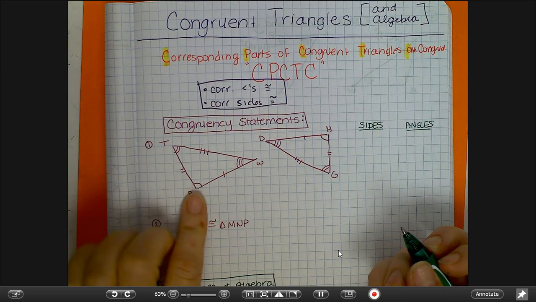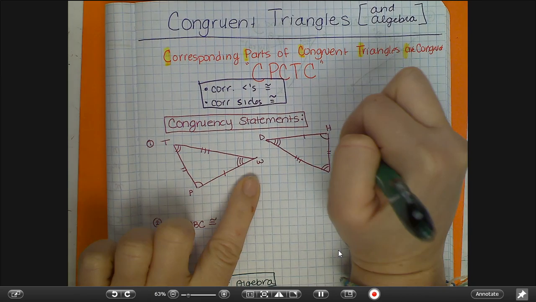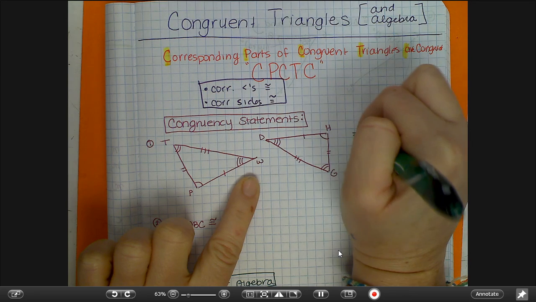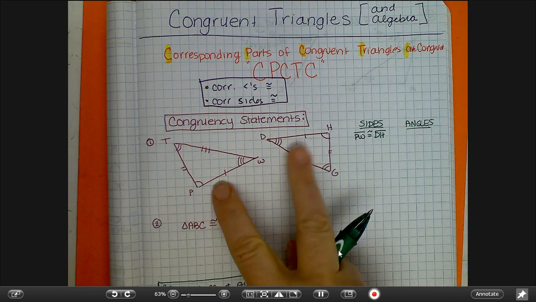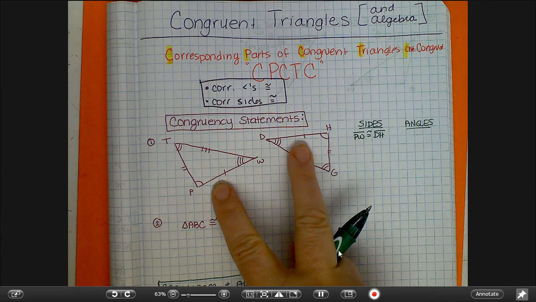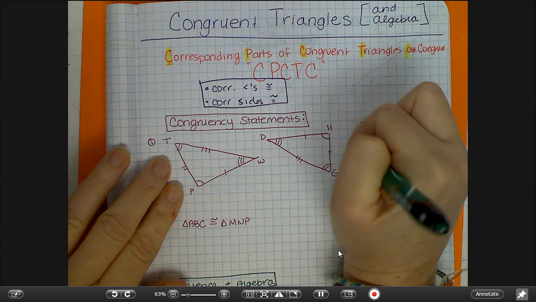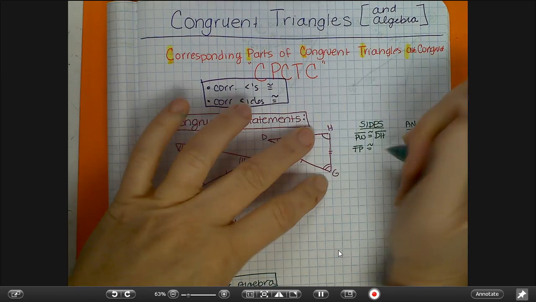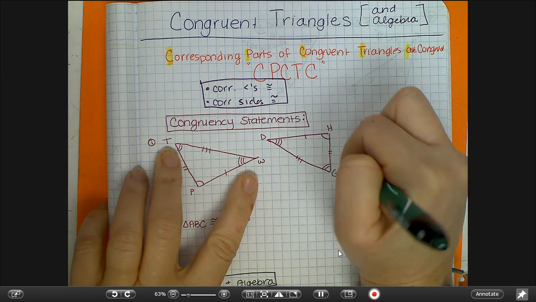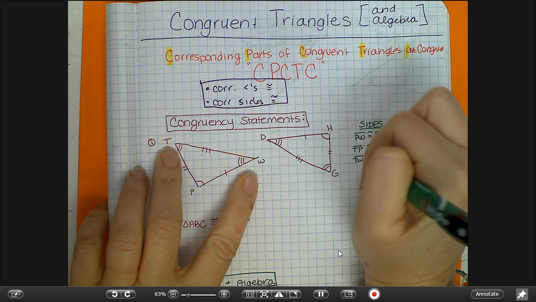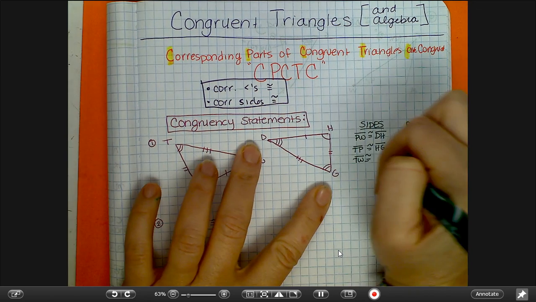So we know that side PW is congruent to side DH. And we know that because they have the same marking. TP is congruent to HG. And TW is congruent to DG.